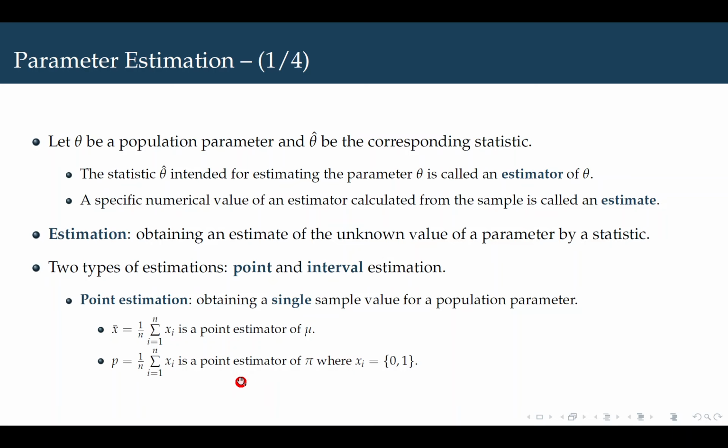So the formula is a point estimator, but a single sample value that we obtain for p is said to be a point estimate of pi. So the formulas are estimators, but their corresponding single sample values obtained using these formulas are said to be point estimates.